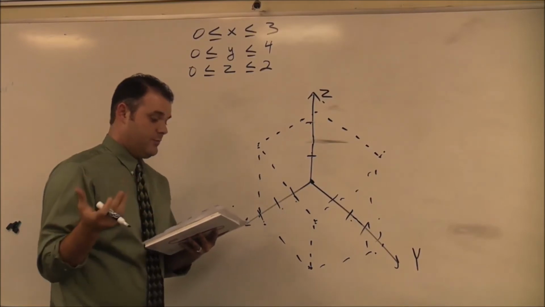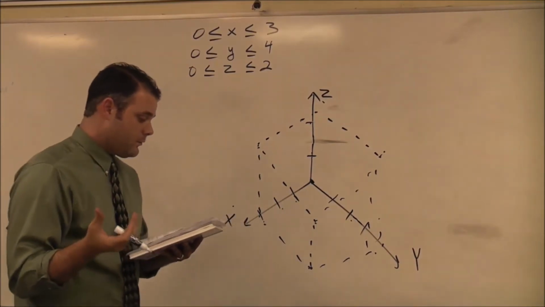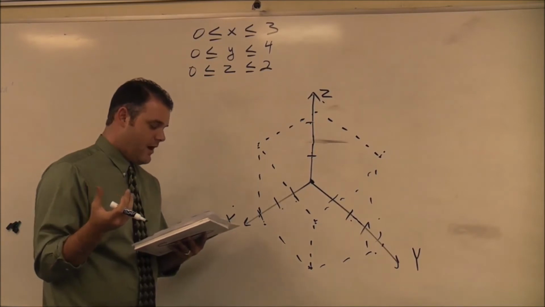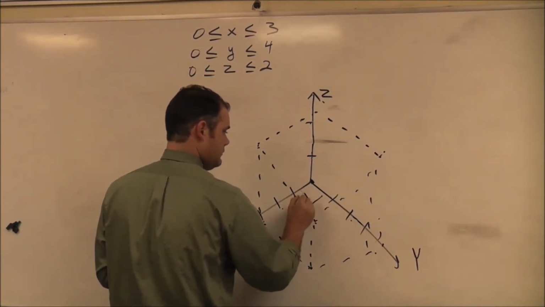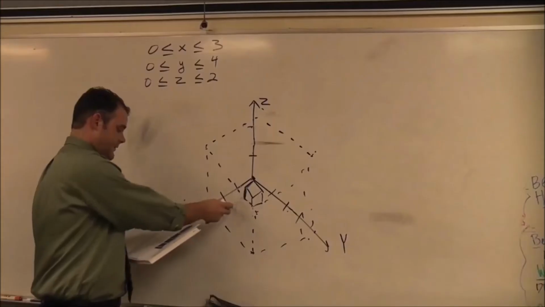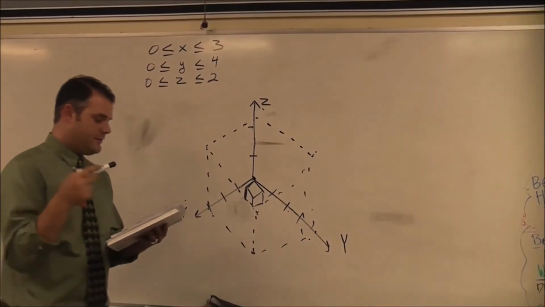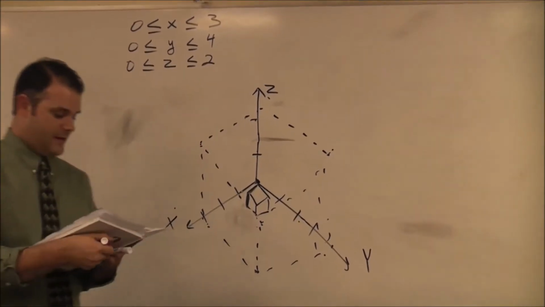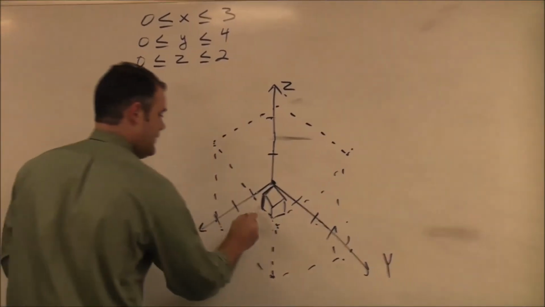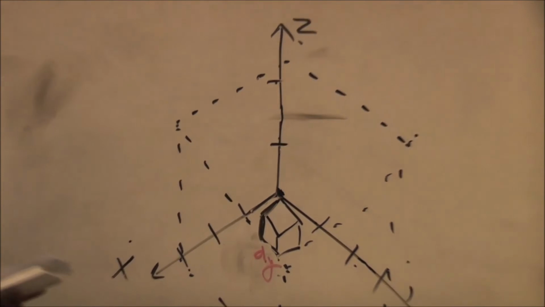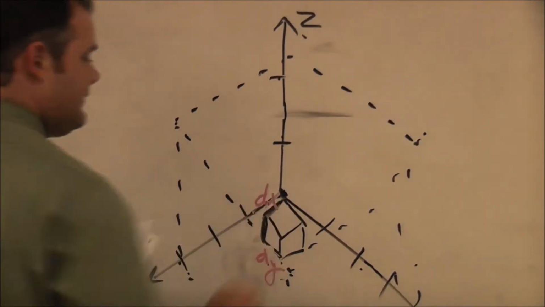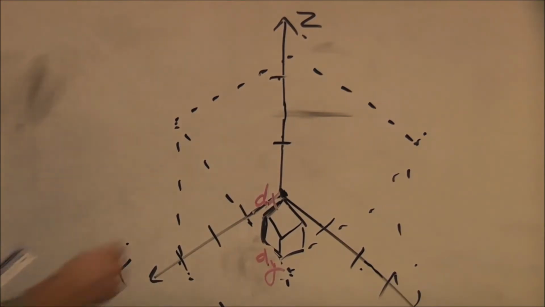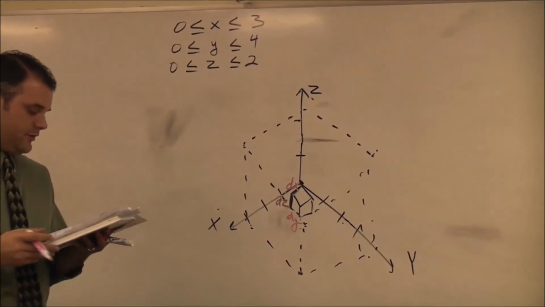What does a triple integral mean? What we would do is take the volume of a very small cube, which we're going to put inside here. That's my cube, someplace within the larger cube. So what's the volume of that cube? Let's say the width is dy, the depth is dx, and the height is dz.